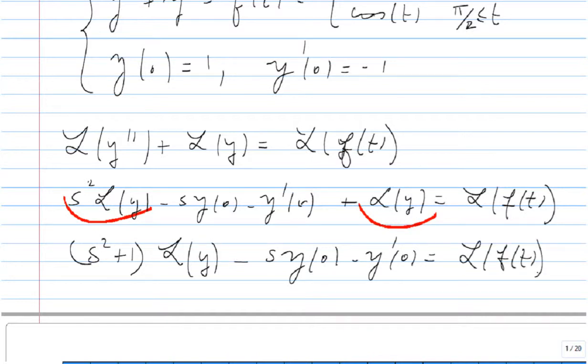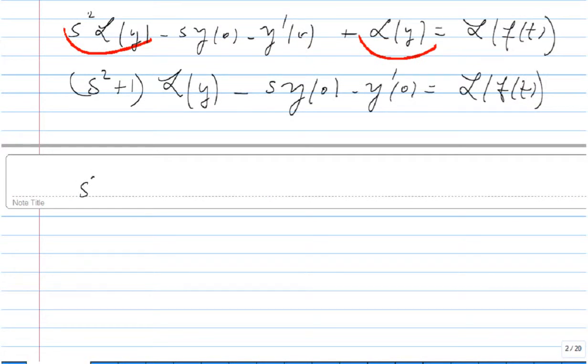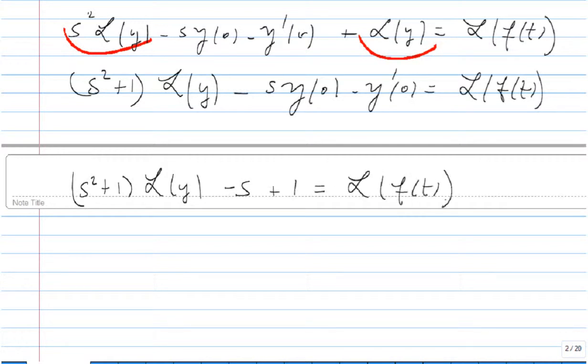And now we put that y of 0 is 1 and y prime of 0 is minus 1. So this will give me s squared plus 1 Laplace of y minus s plus 1 equals Laplace of f of t.